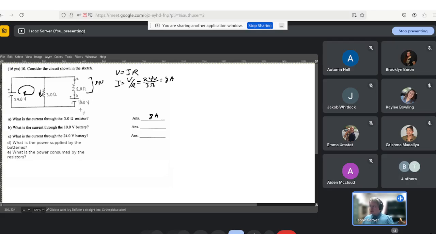So what should happen is I'm going to say that it's probably 7 amps there. But let's be careful about this and make sure we do it right.